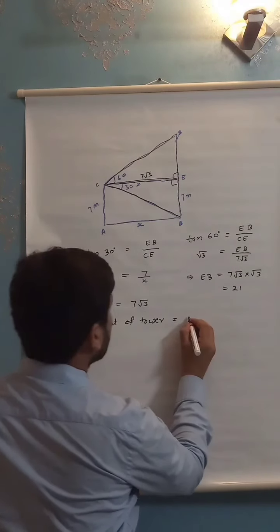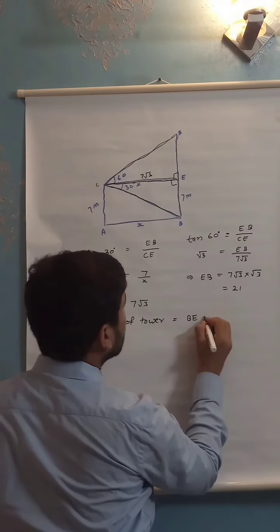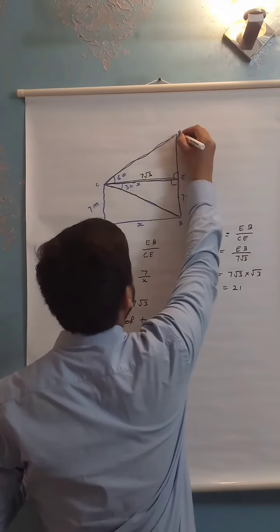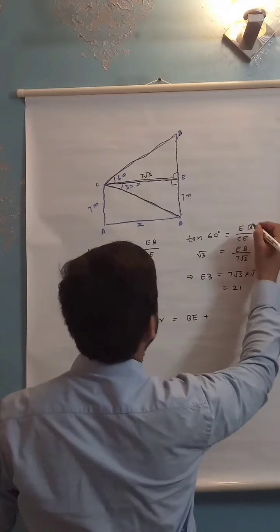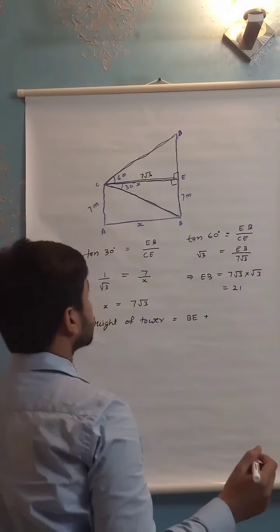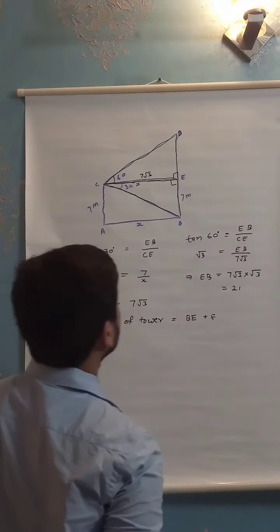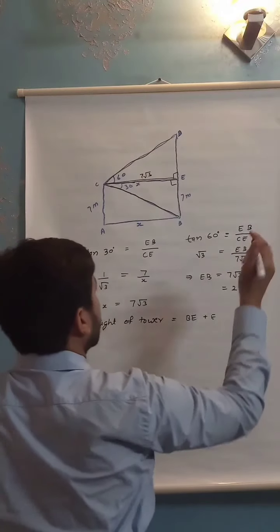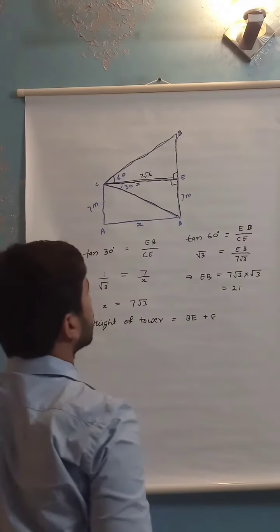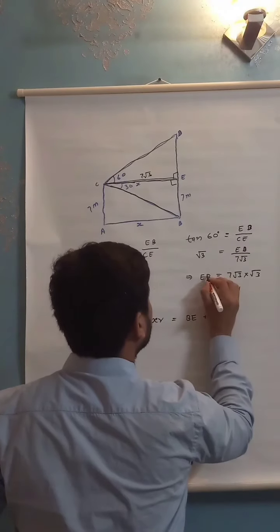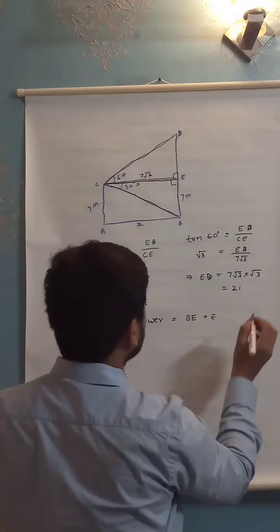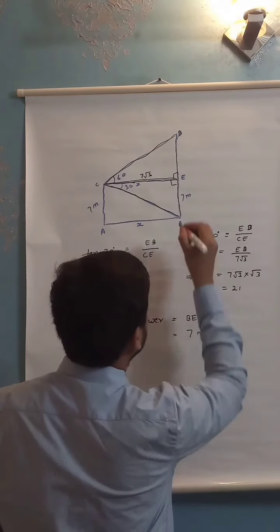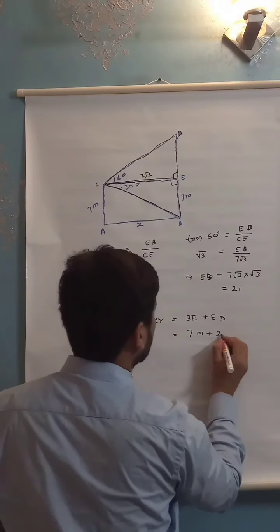Now the height of the tower equals BE plus ED. BE equals 7 meter plus ED equals 21 meter.